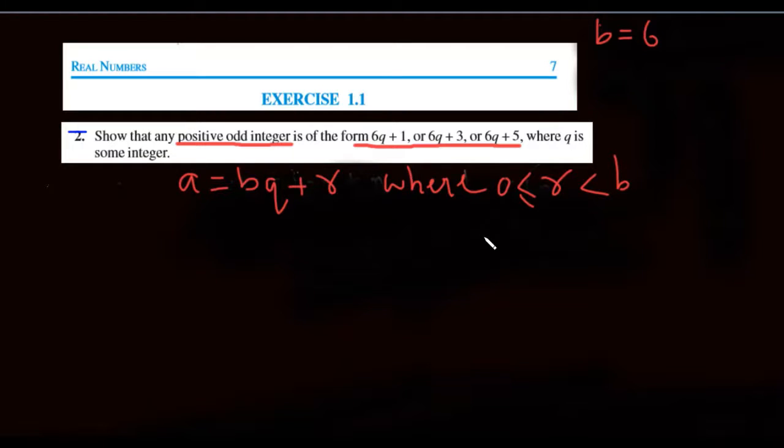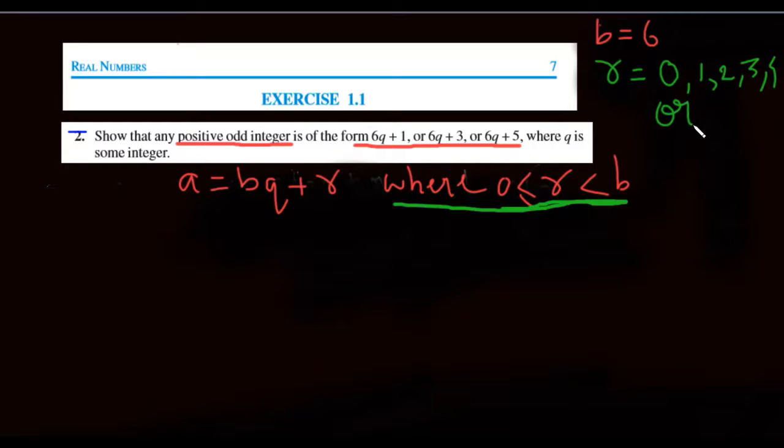Now when we look at the condition given here, R needs to be in a range of 0 to a number less than B. As the number given is 6, R can be either 0, 1, 2, 3, 4 or 5, a number less than 6 ranging from 0 to 5.